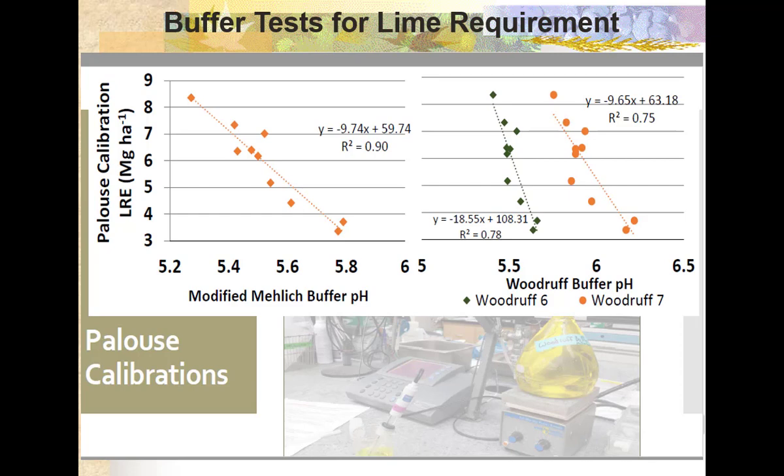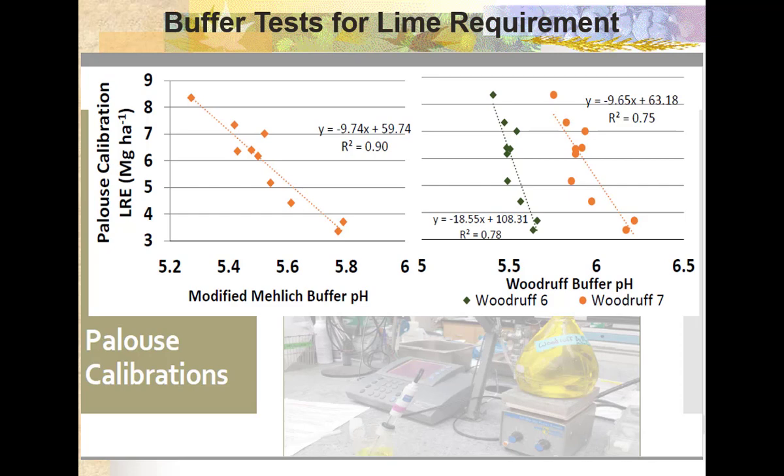Carol did a fantastic job in her master's to actually evaluate different buffer tests to see how accurate they were in terms of providing really good information on what the lime requirement is. So basically, what occurs is you have an incubation study where you take major soils from around the Palouse region that are acidified, you bring them into the laboratory, and you incubate them over the course of, how long was it, 3 months, 90 days?